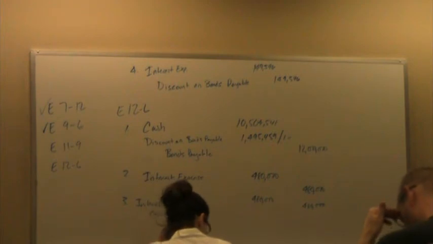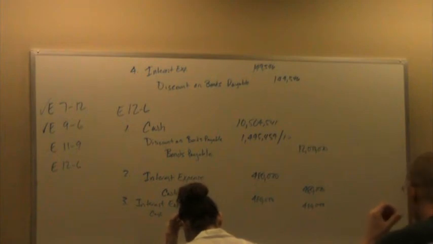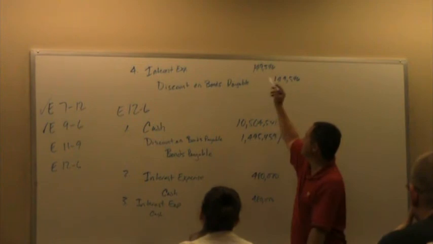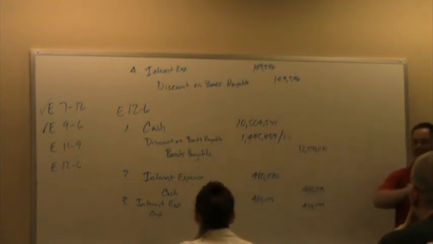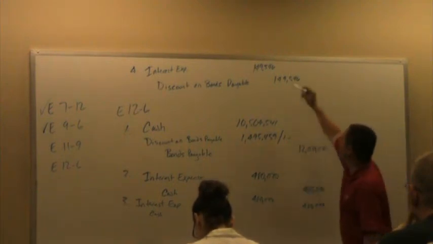Well, it says now determine the amount of bond interest expense for the first year. Well, that should be pretty easy to do, right? Basically, I'm going to take all the interest expense and just add it all together. So this one here, and this one here.